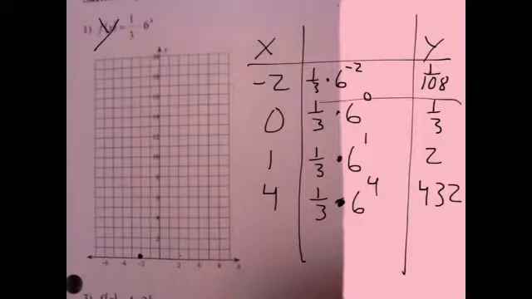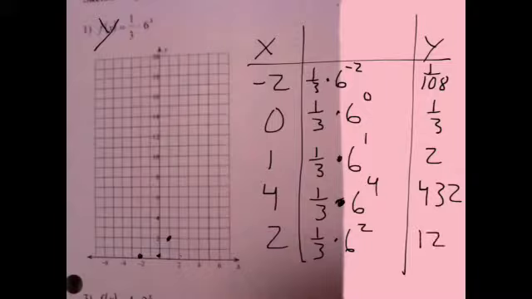And so if I plot the points that I have, 0, 1/3, and 1, 2, 1/3's looking about there, and 1, 2, it doesn't give me a very good feel. So let's do 2 real quick. 1/3 of 6 squared. Well, 6 squared is just 36, and a third of that is just going to be 12.